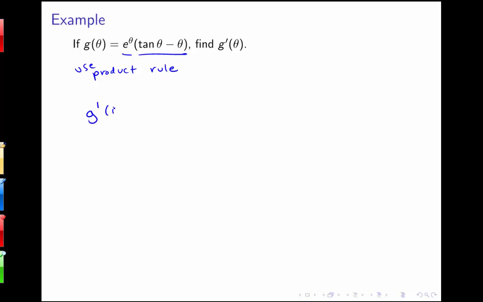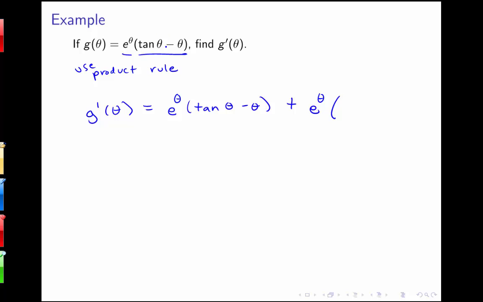So I want to take its derivative, g prime of theta. Using my product rule, I'm going to have the derivative of my first function, e to the theta, times the second function, tan theta minus theta, plus the first function, e to the theta, times the derivative of tangent theta minus theta.